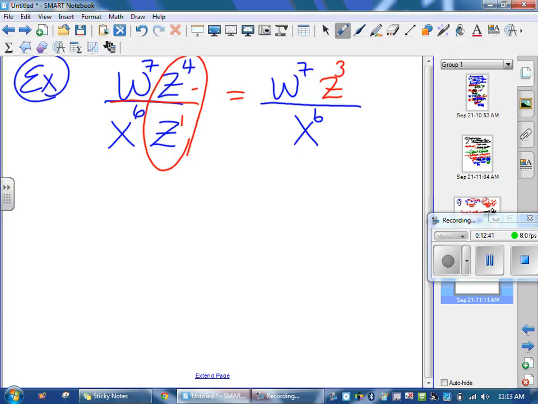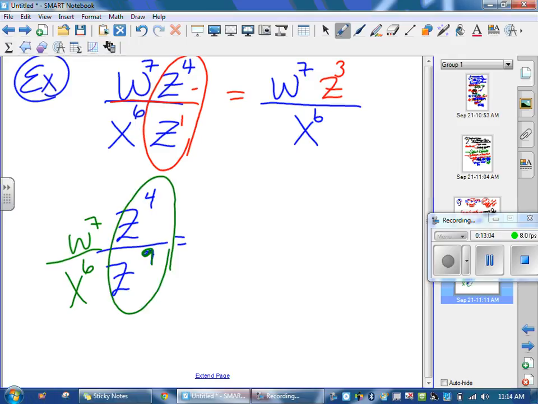Now, if the bottom number, for example, was a 9. Let's say I've got Z4 over Z9, and on top again I've got my W7, and on the bottom my X6. We've got a 9 here and a 4 here. Again, I deal with my Z's. The Z's are the same. If I subtract them, what's 4 subtract 9? It's a -5, right?